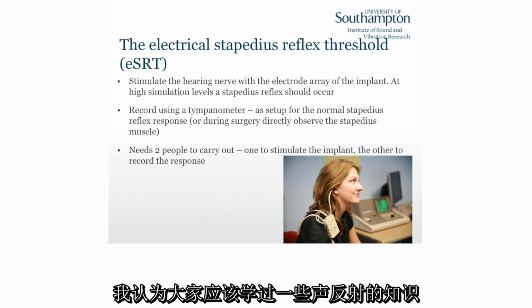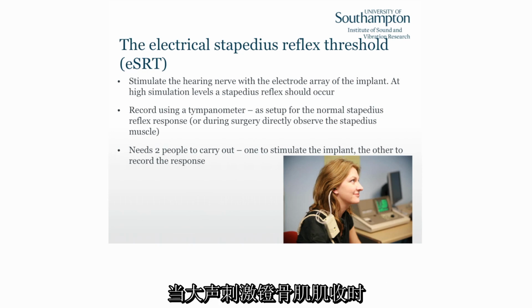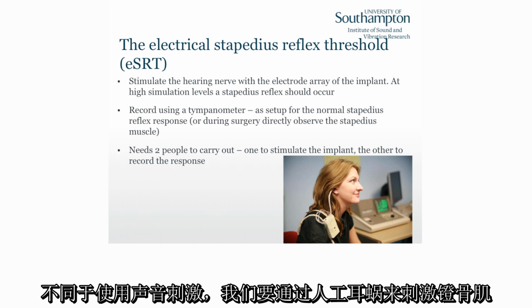I'm assuming some knowledge of the acoustic reflex here, the stapedial reflex. We use a tympanometer to measure the acoustic reflex when the stapedius muscle contracts to loud sounds, but rather than using acoustic sound, we'd be stimulating through the implant.